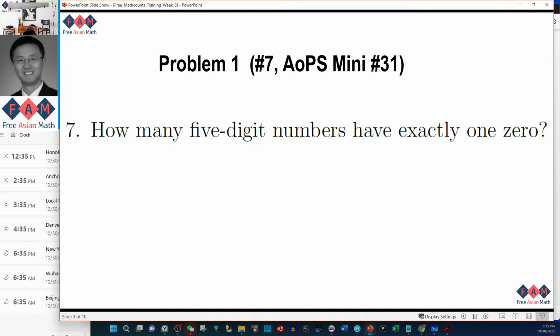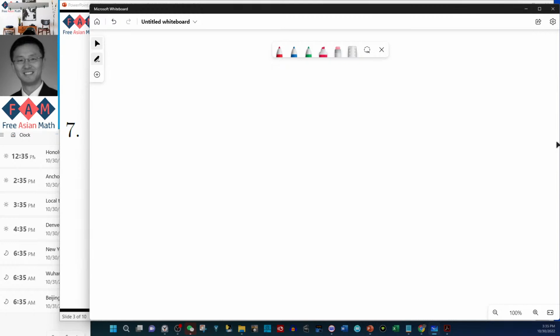If we don't have any constraint, how many ways can you have a 5-digit number? That's very easy, right? Because the first digit cannot be 0, you have 9 choices. Then after that, every digit can be any of the 10 digits from 0 to 9. So you would have 9 times 10 to the 4th, so 90,000. But that's not the case here.